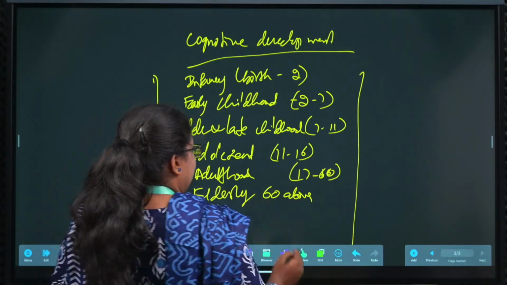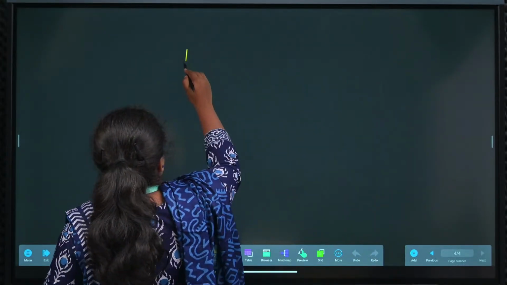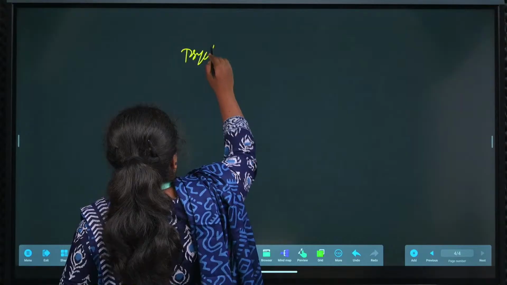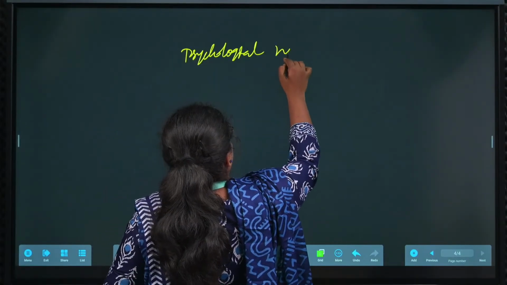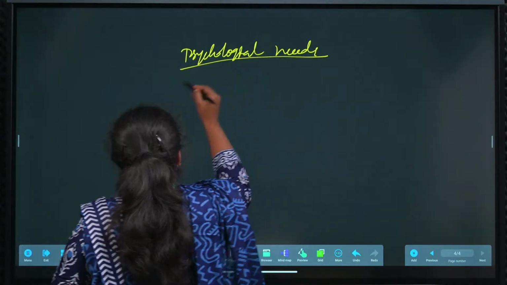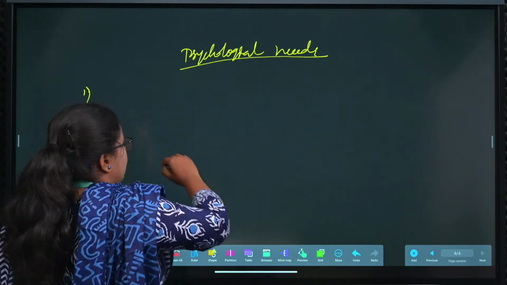I'll write the heading: psychological needs among various groups. In that, the first one is infancy.